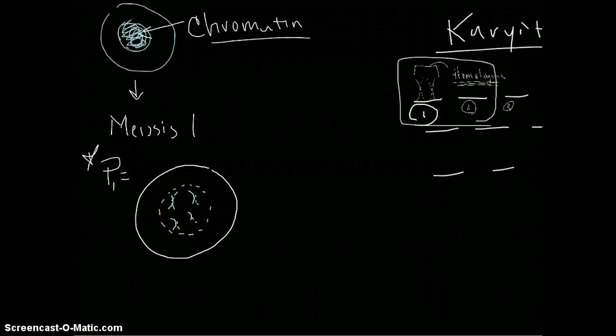Okay? Now, the next thing that's going to happen in prophase 1 is that the homologous chromosomes need to find their dance partners. They need to find each other. So chromosome set number 1 needs to find each other, chromosome set number 2 needs to find each other. And that process is known as synapsis. It's not something you have to really refer to right now, but they're finding their dance partner.